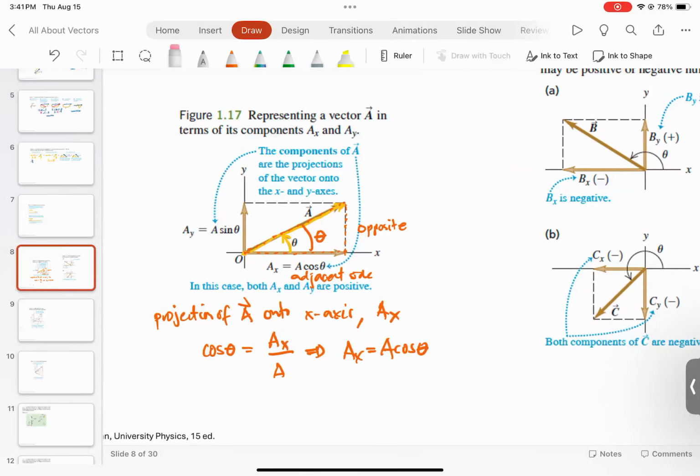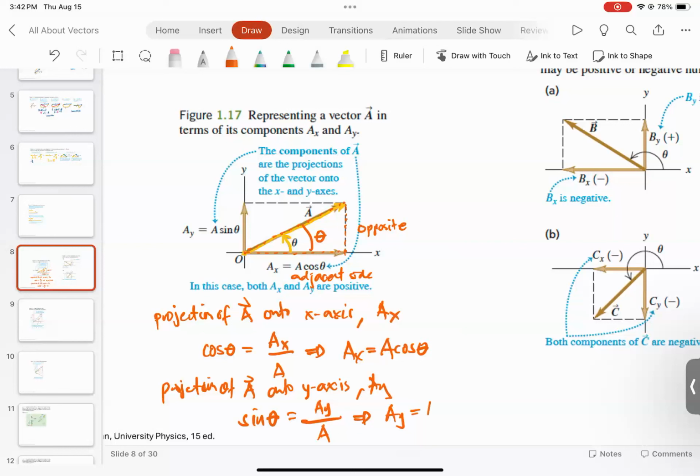Okay, so similarly, yung projection of A onto the y-axis, A sub y, we get from trigonometry then. We know that sine theta is equal to opposite over hypotenuse, and the opposite side has a length of A sub y. Ang hypotenuse is A. So we get A sub y is equal to A sine theta.